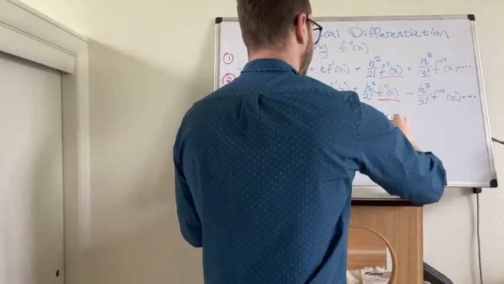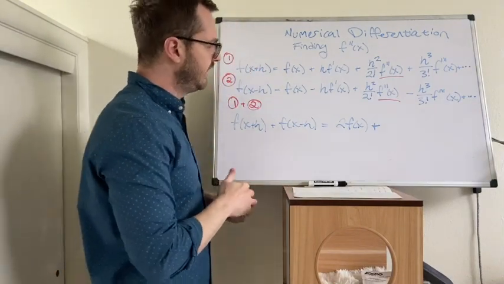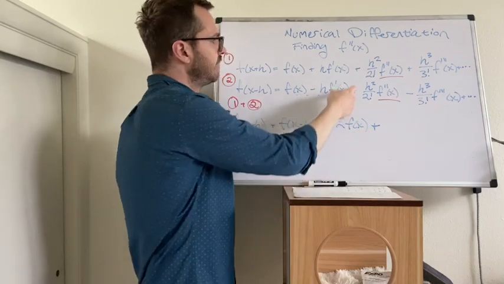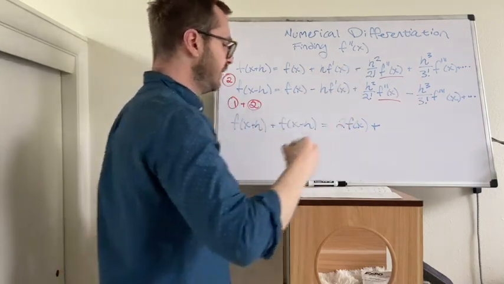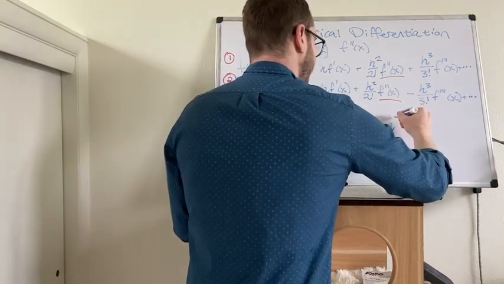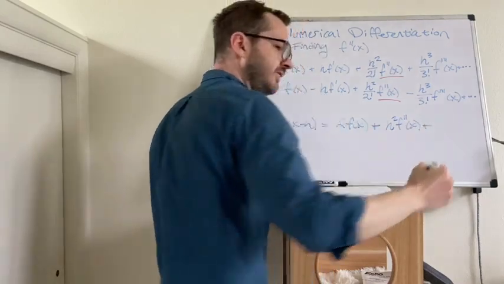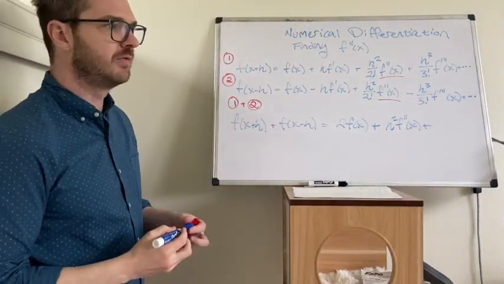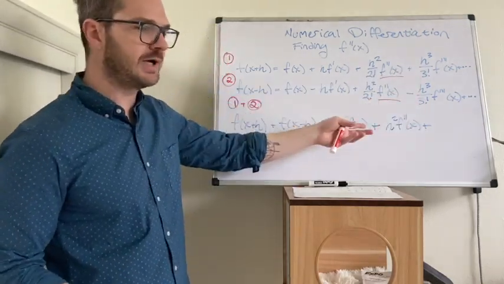So this is now, well, let's think of it this way. What is 2 factorial? 2 factorial is 2. So this is h squared over 2 and this is h squared over 2. We add them together. We get h squared f double prime of x plus, what's going to happen to the third order terms, this third derivative? Well, one's positive, one's negative, so these are going to cancel.